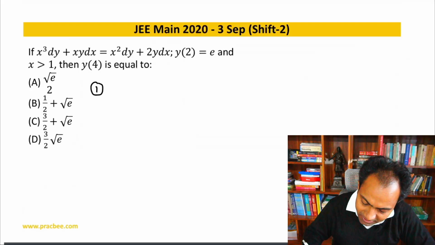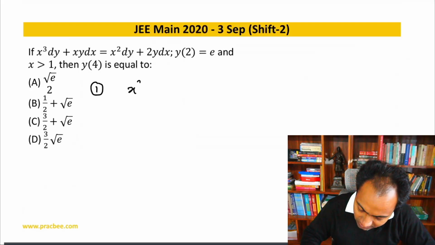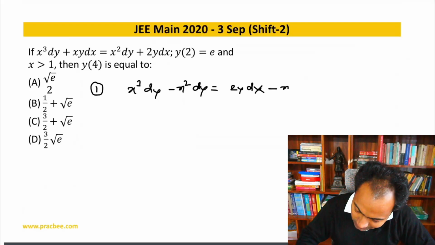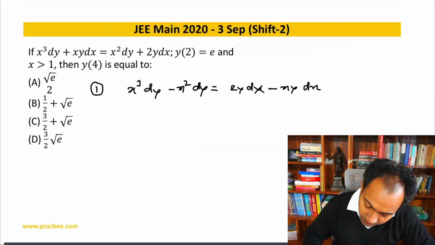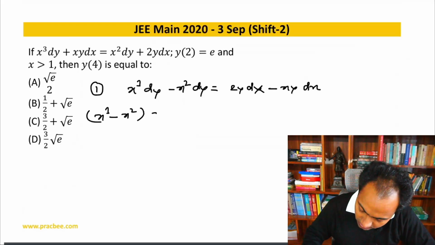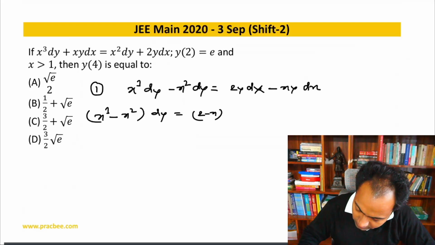Now again, this 2020 question looks a little bit weird, but you can reorder terms so that a variable separable question appears out of it. So we can write x cube dy minus x square dy is equal to 2y dx minus xy dx. Once I write it like this, it becomes (x cube minus x square) dy, and this will become (2 minus x) y dx.